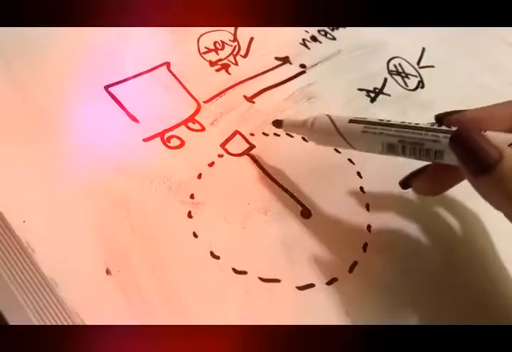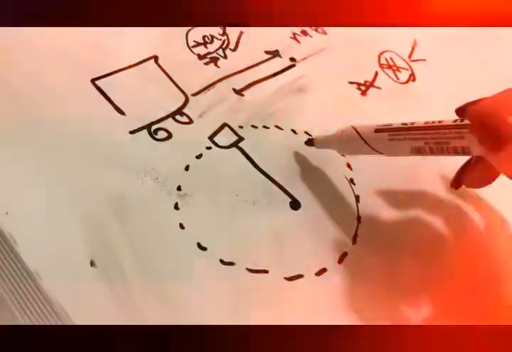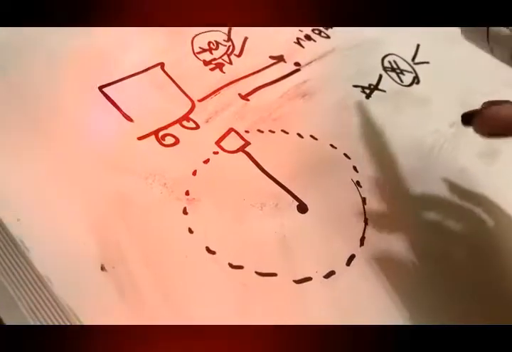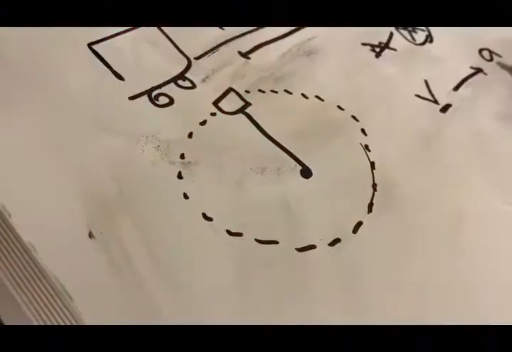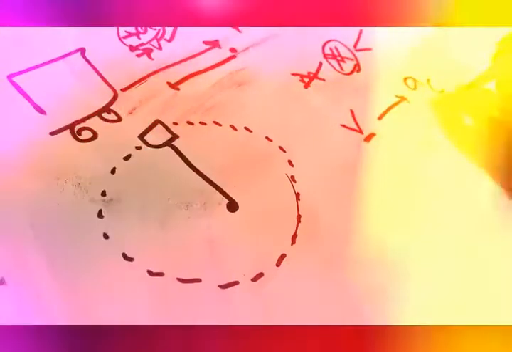The direction is changing. The only thing that is changing throughout the passage of time is our direction. So we can conclude that the change of velocity is creating acceleration. But this time our acceleration is called centripetal acceleration.